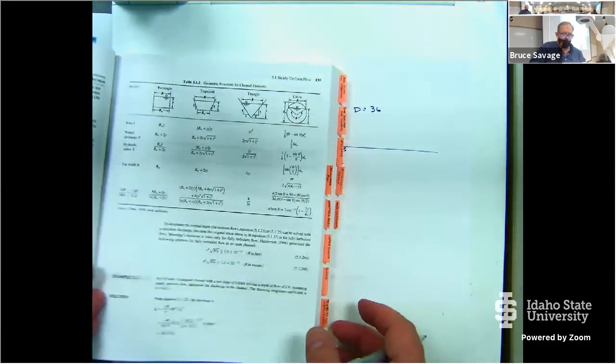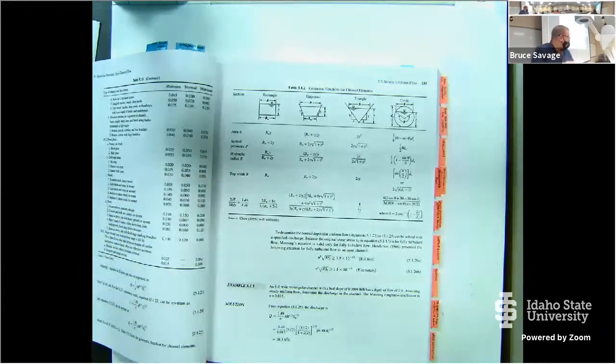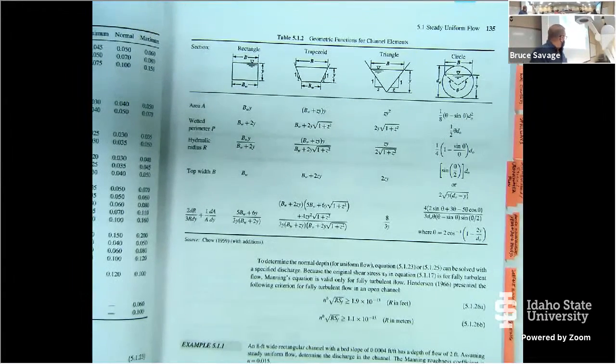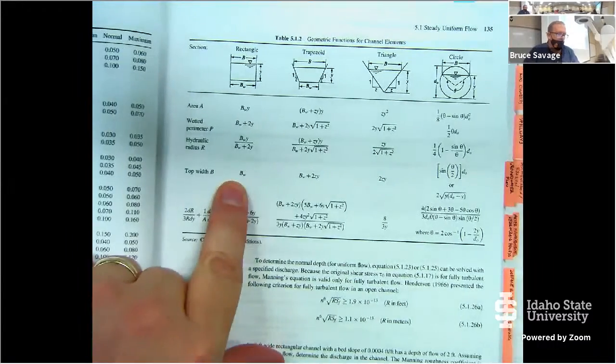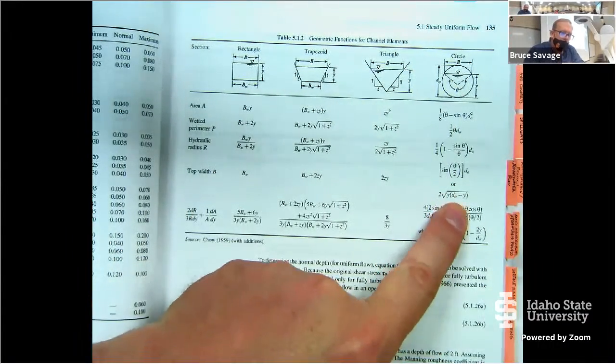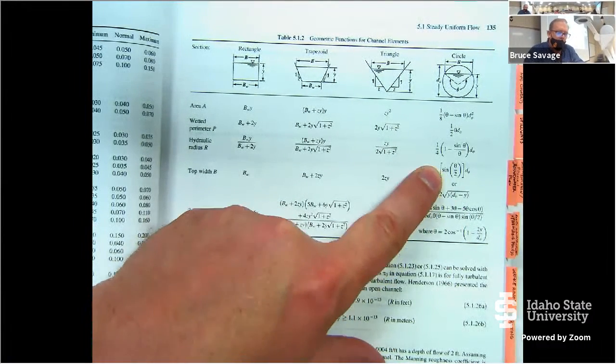So let me show you the whole thing right here. Okay, so the top width for a circular channel, we have one of two equations here.